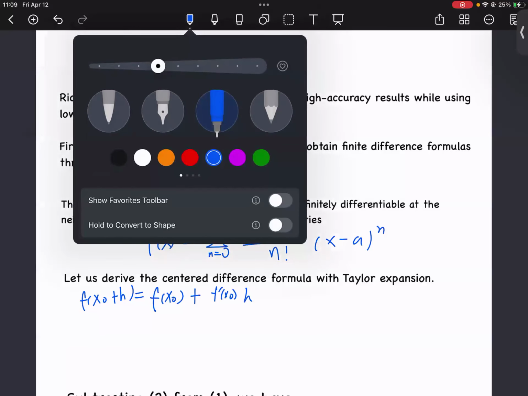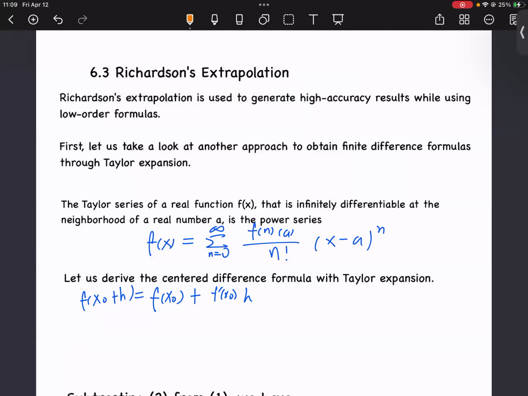So for this item, it's just the Taylor expansion around the point x0. And for the first item here, n equals to 1, and then I got that item.